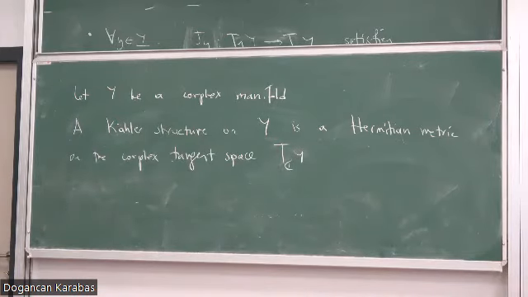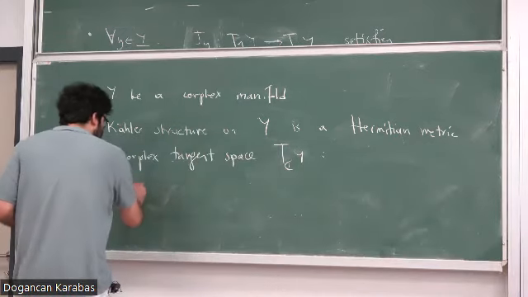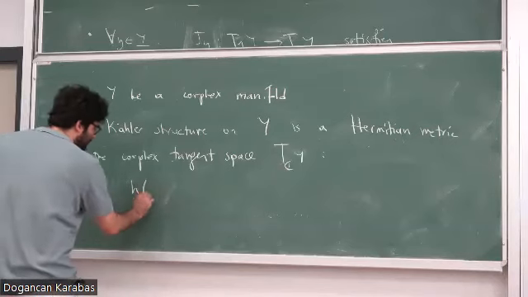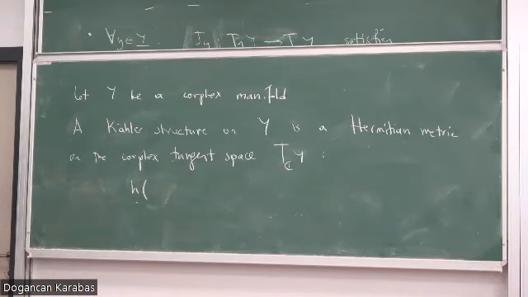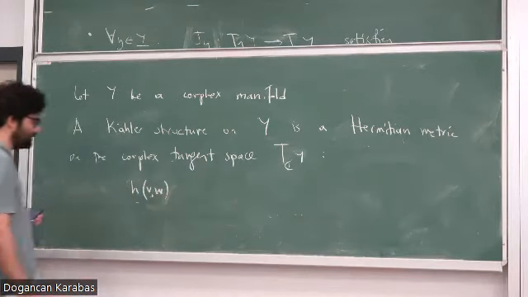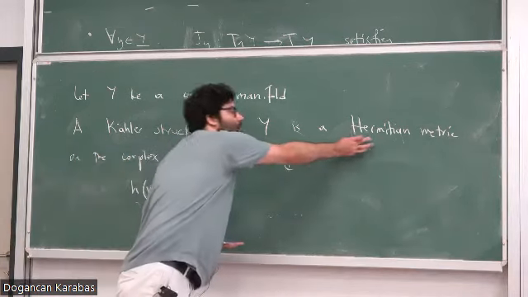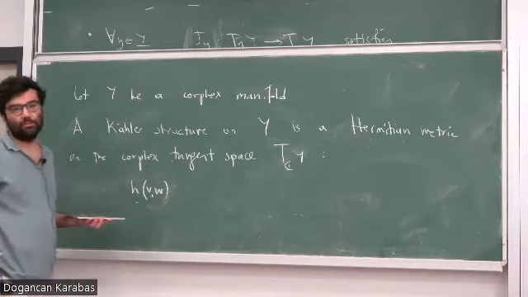So it's the tangent space of the complex manifold. And what is such a gadget? It's some H, and you input to this H two tangent vectors at the same point, and it gives you a complex number, and it satisfies a bunch of properties certifying that it's Hermitian.